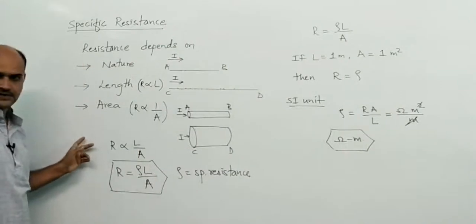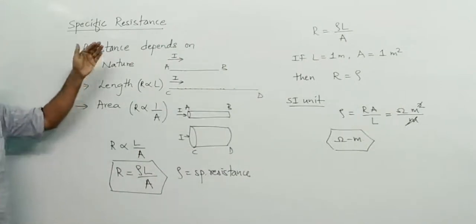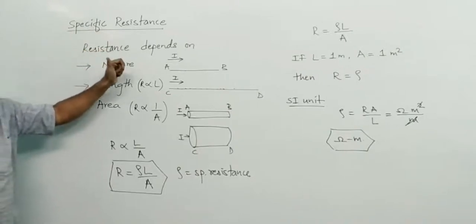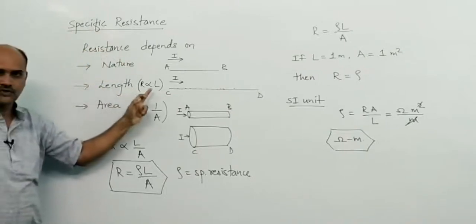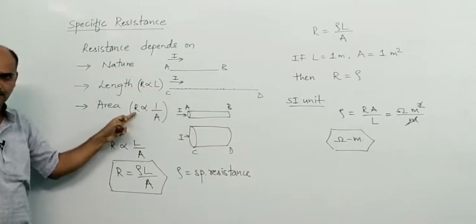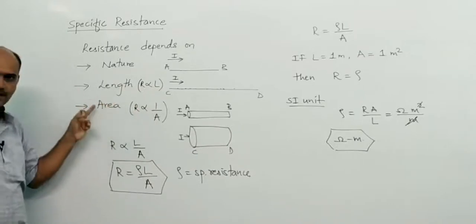Clear, students? So first, the resistance of a conductor depends on the nature of material, length of the conductor and cross-sectional area of the conductor.